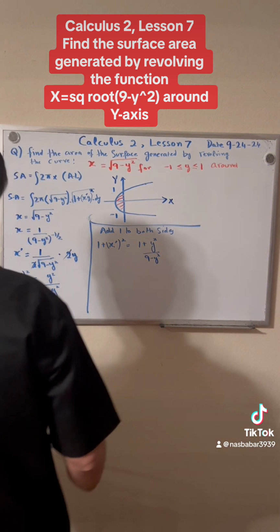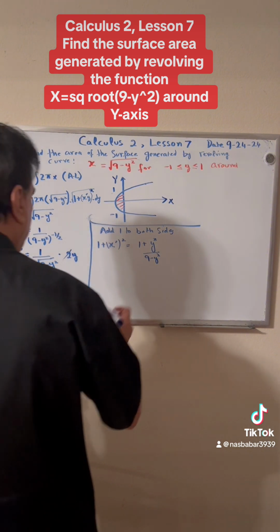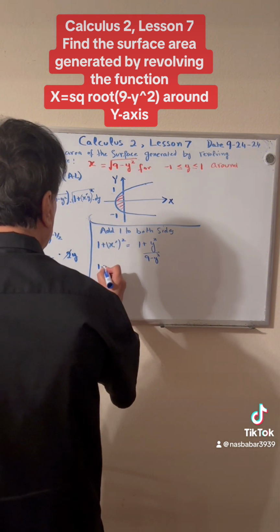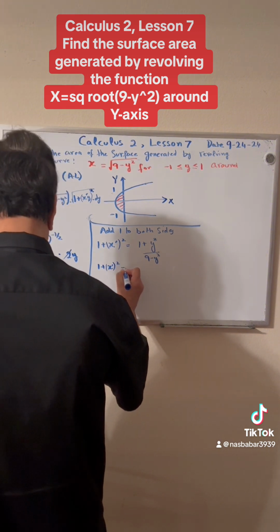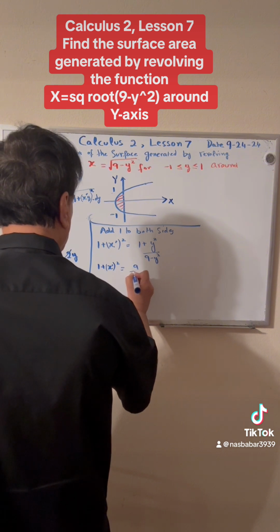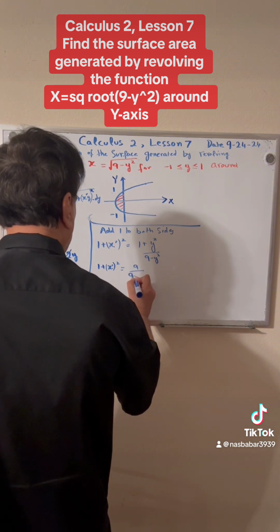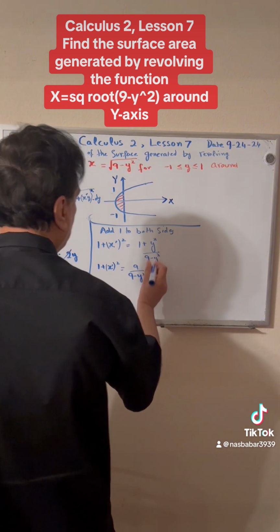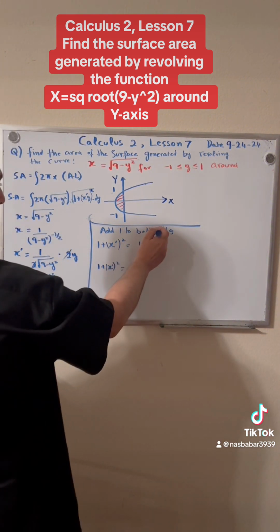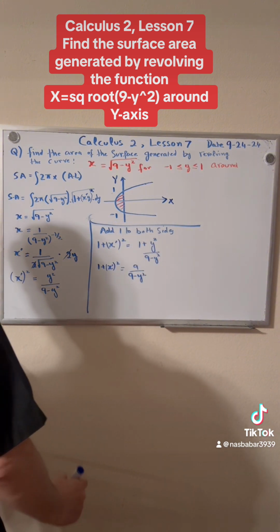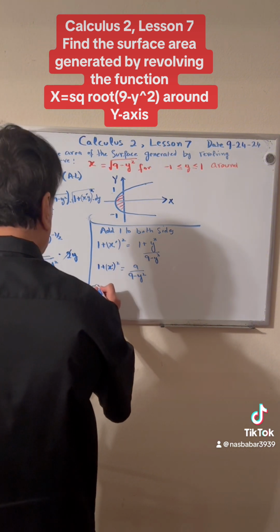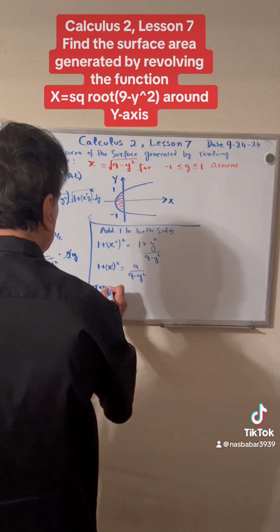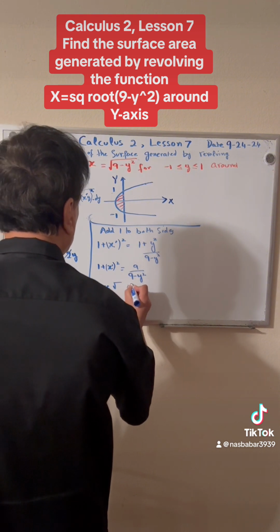Clear? And then we further simplify this. We get 1 + x prime squared is equal to 9 over 9 - y^2. I'm just applying algebra over here to simplify this expression into this. Then we take the square root of both sides.